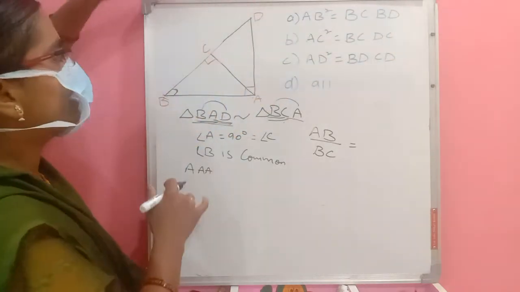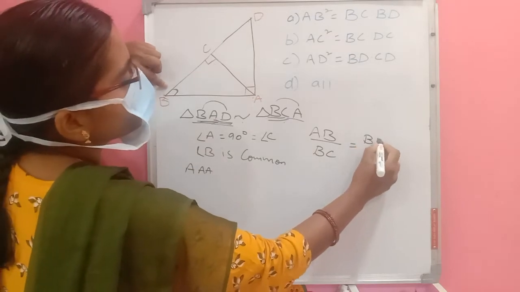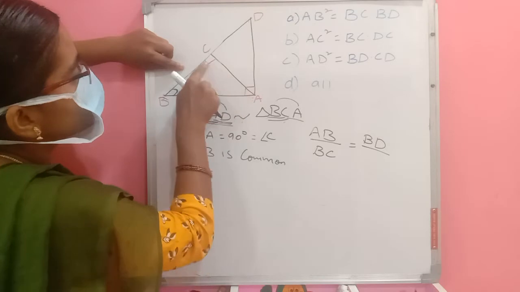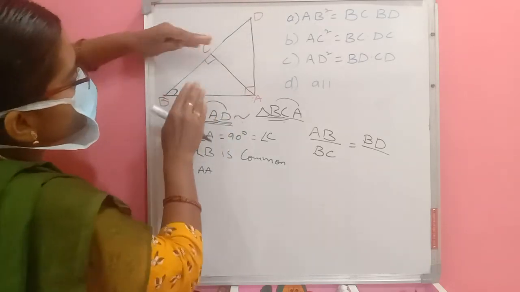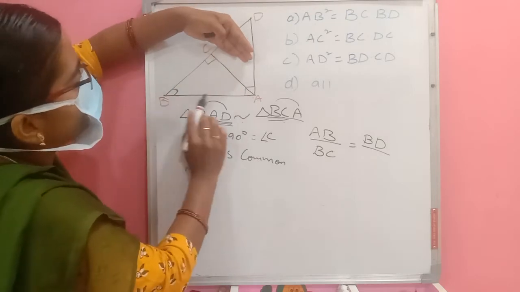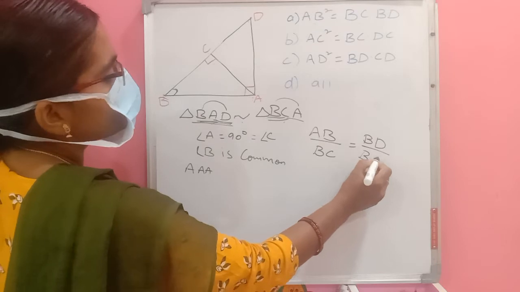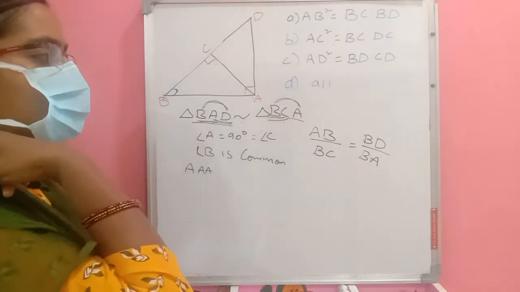In this triangle, BD is the side opposite to 90 degrees, and in the other triangle the side opposite to 90 degrees is BA. So BD and BA are corresponding sides.